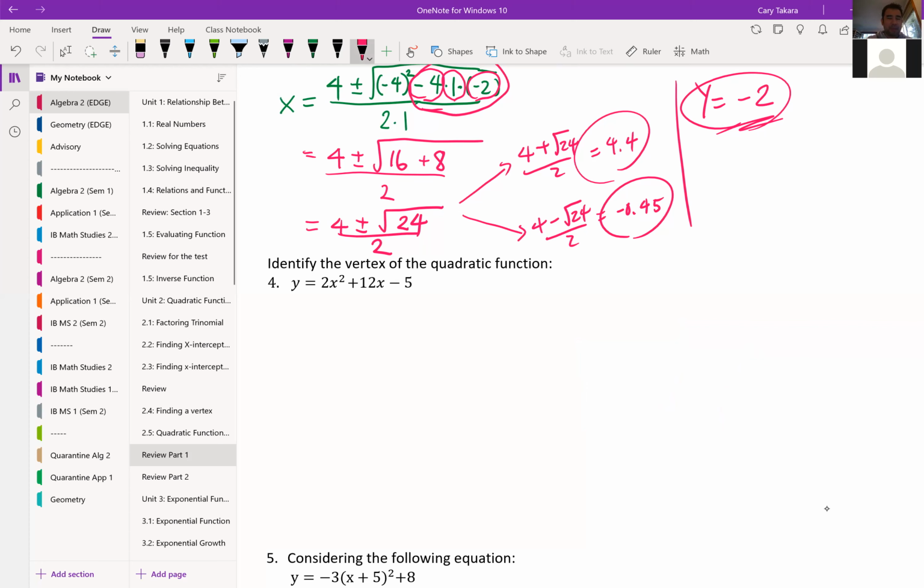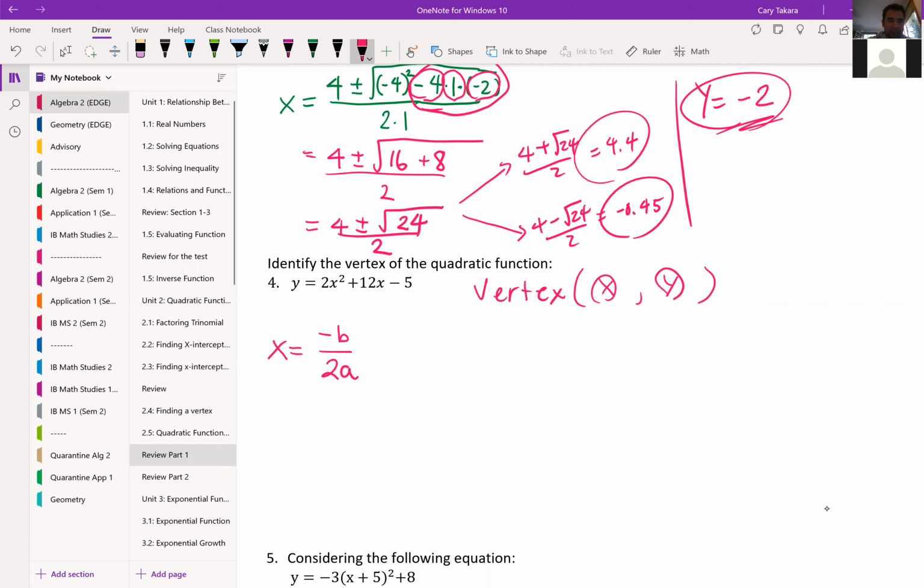First of all, the vertex is a coordinate. It's made up of an x and y coordinate because the vertex is a point. How do you find the x coordinate? It's negative b over 2a. Is that what you did?